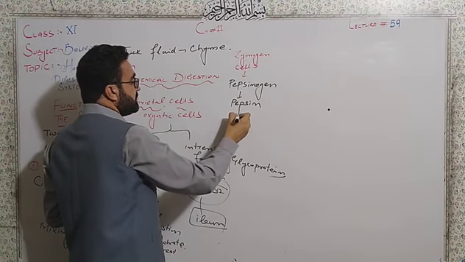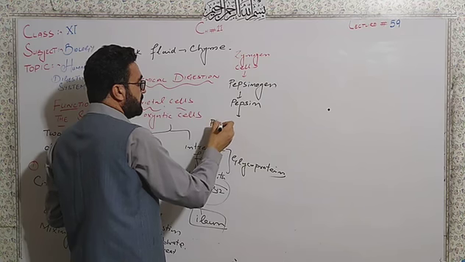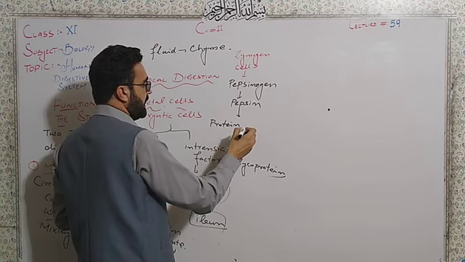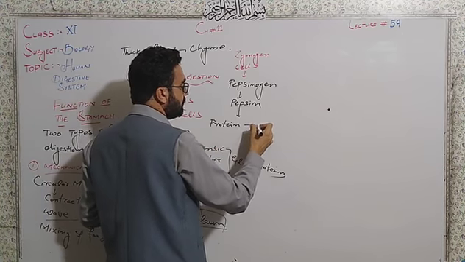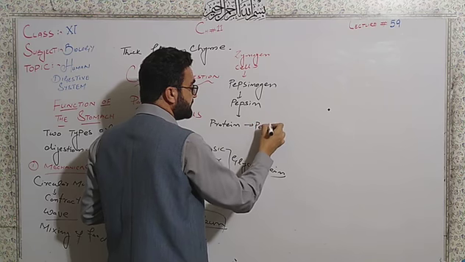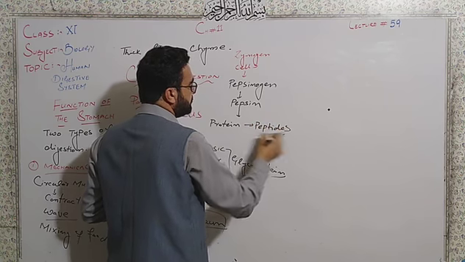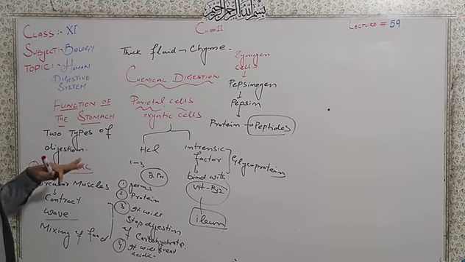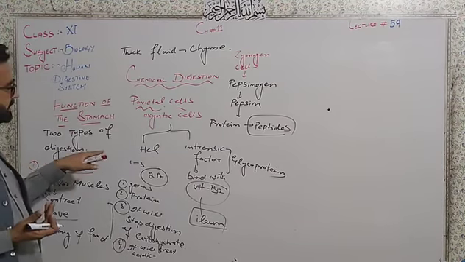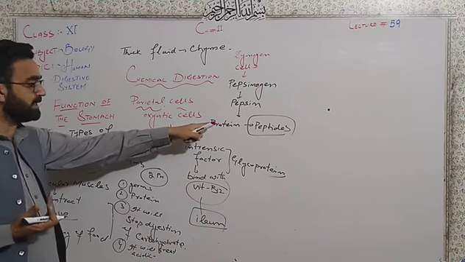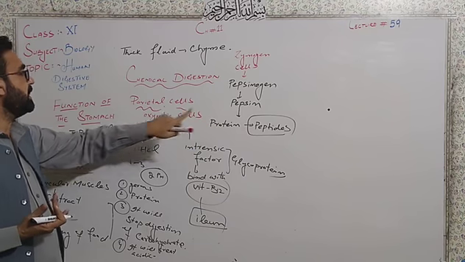That pepsin will attack the protein and disturb some of the covalent bonds in the protein, and thus will break down protein not into amino acids but into peptides. So this is the complete digestion inside the stomach. No carbohydrate digestion is usually observed. Only protein digestion is being facilitated.